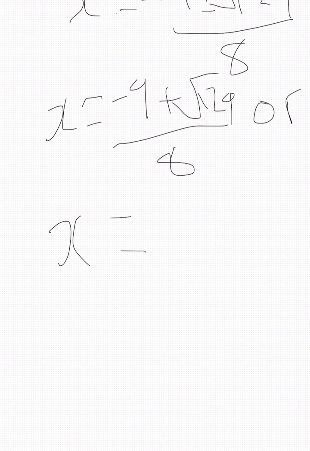It's minus 9 plus square root of 129 all over 8. Oh, sorry, I was close. It's 0.29. So that's the first answer.